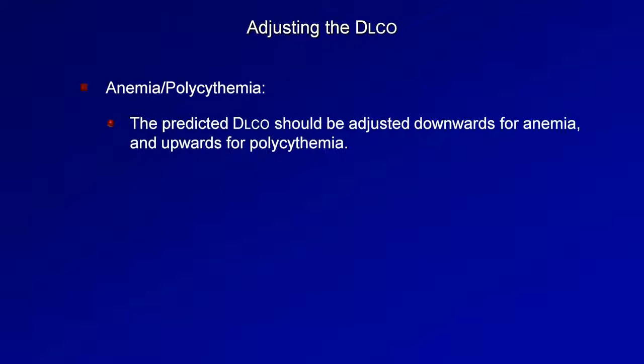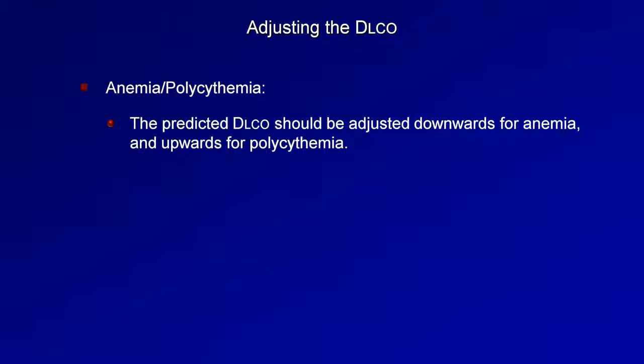The predicted DLCO is often adjusted based on one or two issues. First, as I just mentioned, anemia and polycythemia can influence the DLCO, so the predicted DLCO should be adjusted downward for anemia and upwards for polycythemia. To make this adjustment, the PFT technicians use standardized equations, the details of which most providers will never need to know.